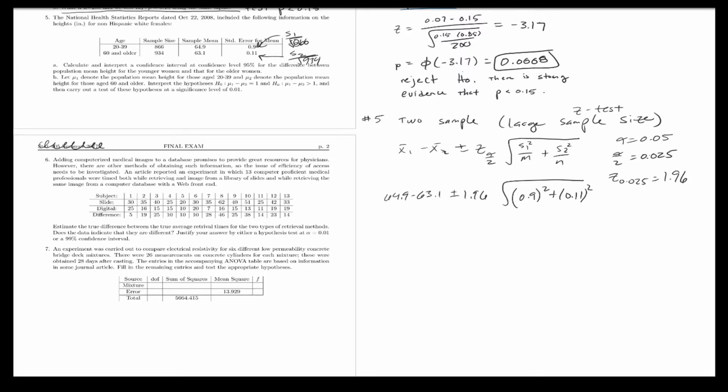So the upper bound of the confidence interval is going to be 3.57713 if we round it. And the lower bound would be, let's see, 1.8 minus 1.77.